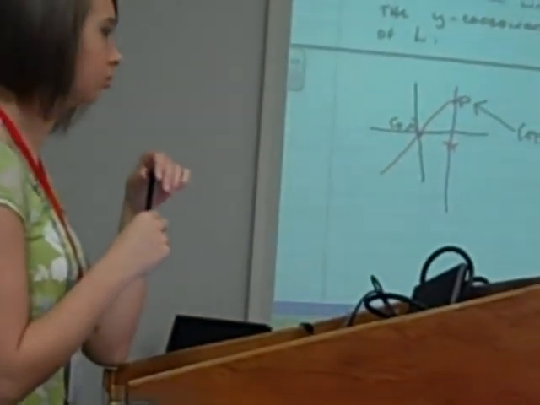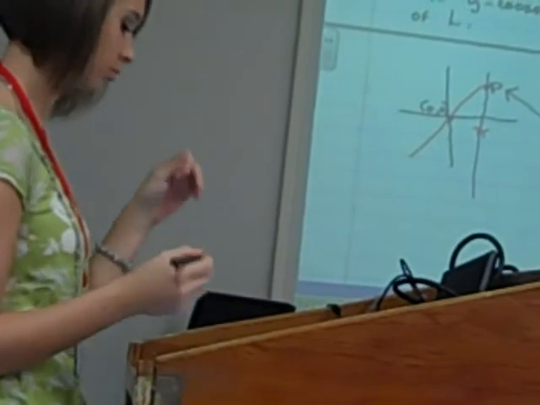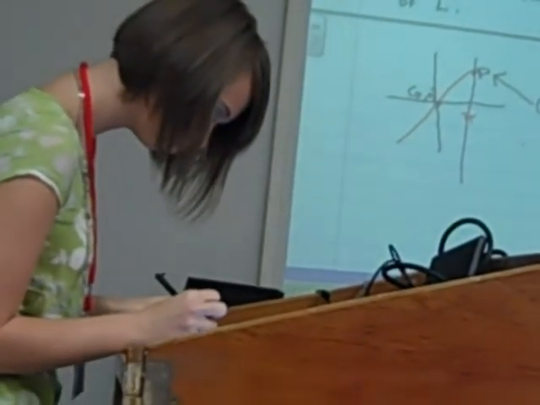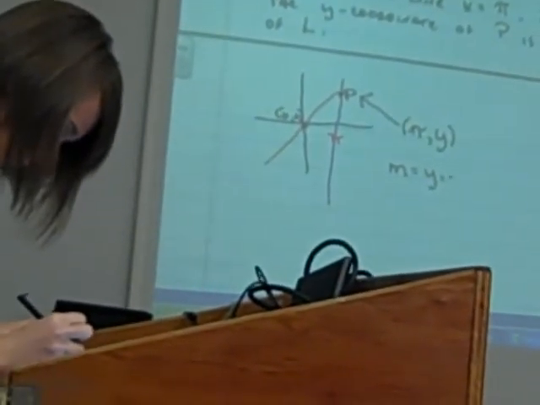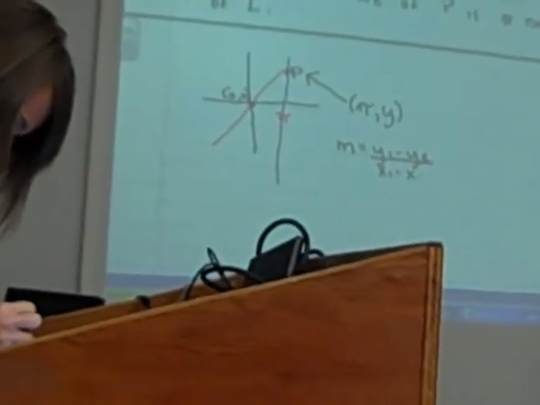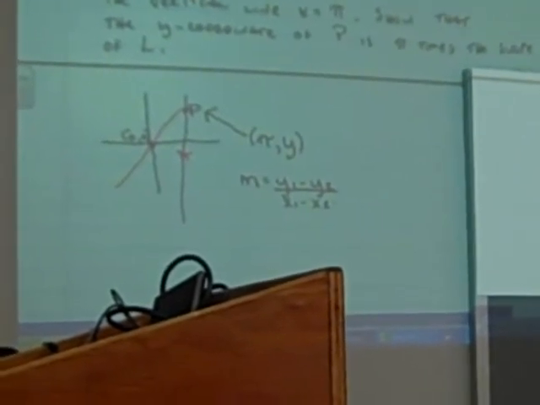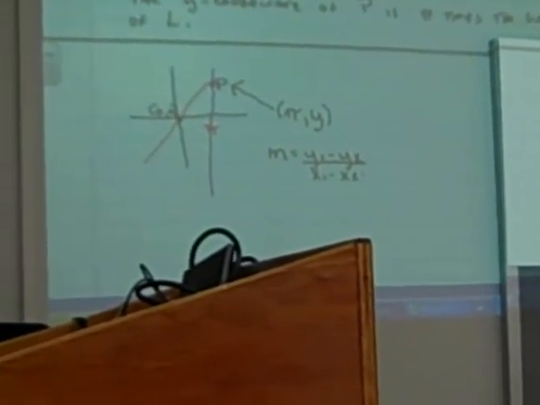Y1 minus Y2. Alright, so m equals, m's your slope, right? Y1 minus Y2 over X1 minus X2. Okay, now what are you going to let be Y1? Y or 0. Either way will work.